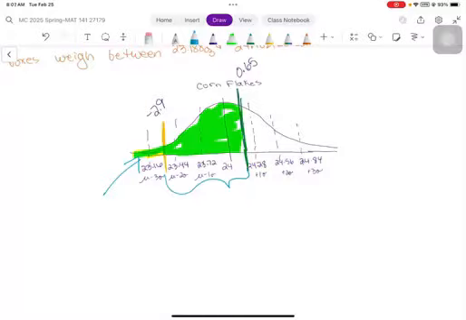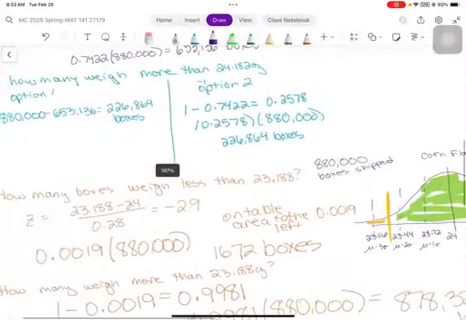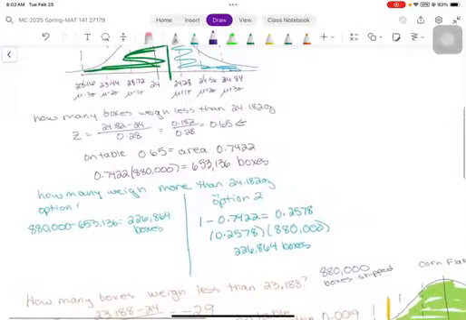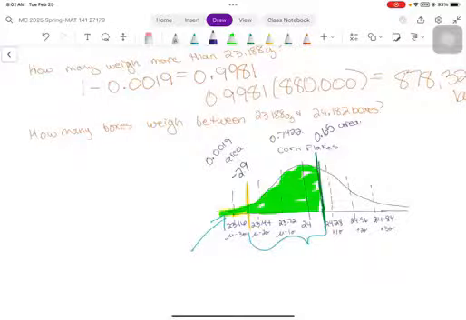Remember, when I was at negative 2.9, my area was 0.0019, and my area here, what was it? I can't remember. Oh, right here, this 0.7422. So that is this area right here, all in the green.